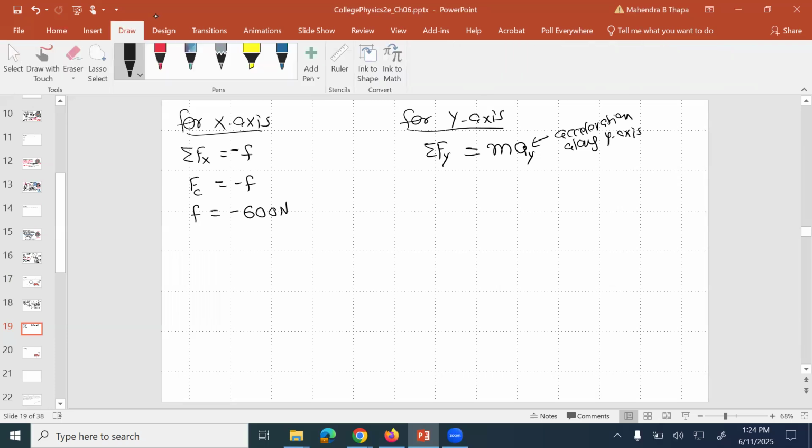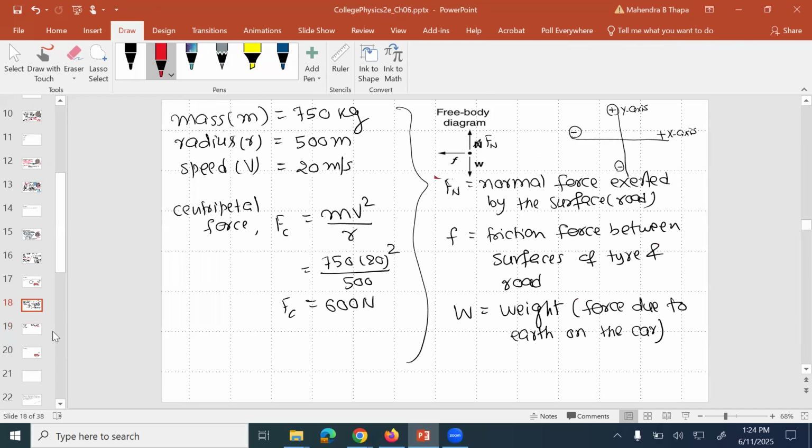In our case, ay is equal to 0 because there is no motion along the y-axis.